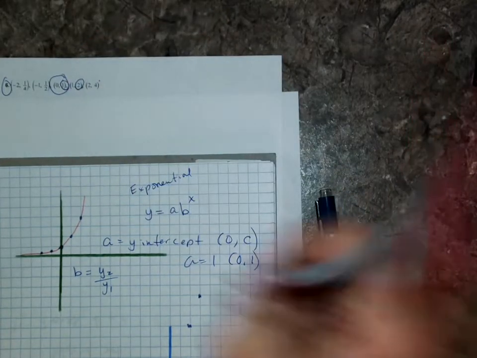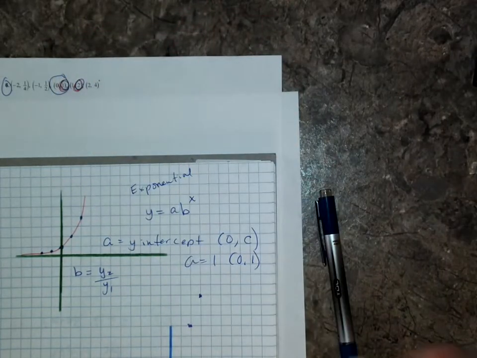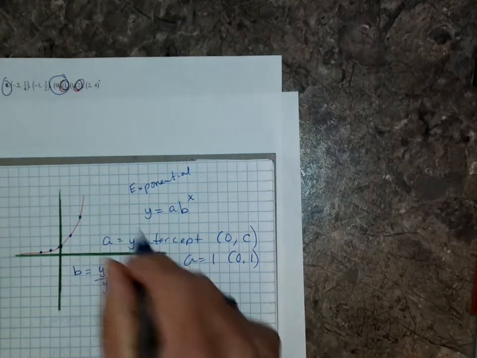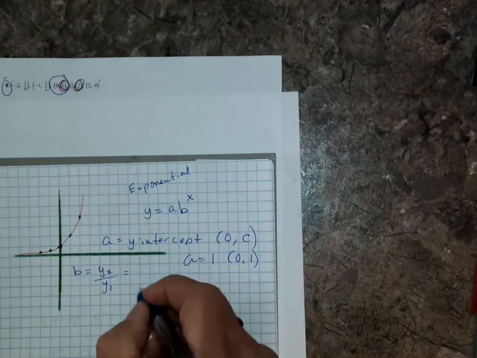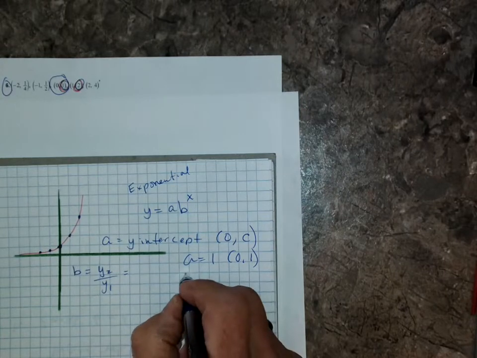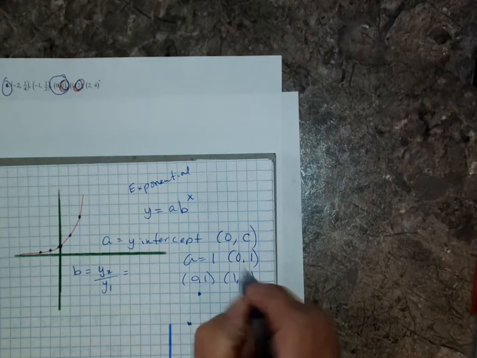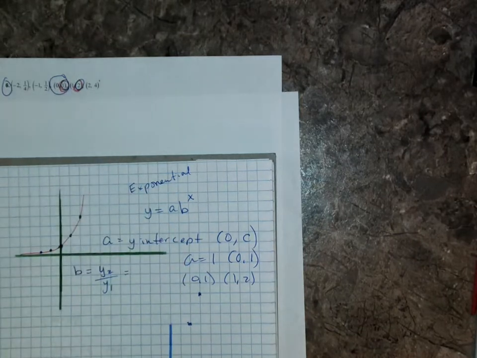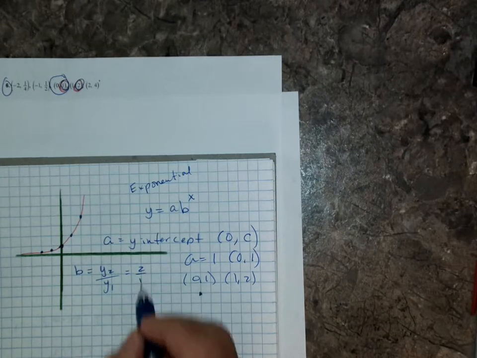It doesn't really matter, but you take my second y value over my first y value. You can pick any, I can take 4 over 2, I can take 2 over 1, but 2 over 1 seems easier. So I've got these points of 0, 1, and a point at 1, 2. Any 2 points together, okay? And to divide 2 by 1, my growth rate is 2.